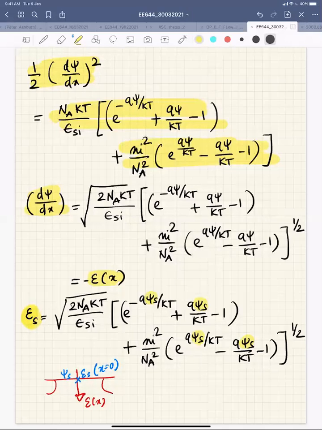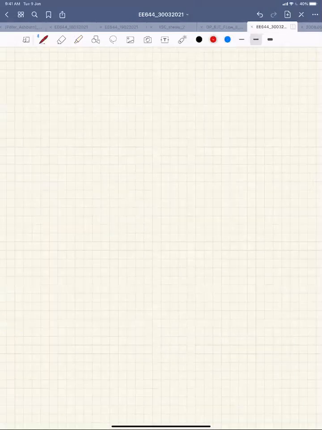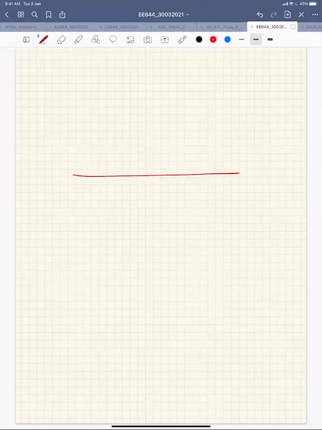So why am I interested in the surface electric field? Because if you see, this is your interface, and I have my gate here. I am giving a gate voltage. That means I am putting some positive charges.